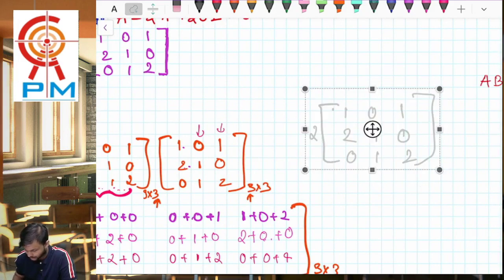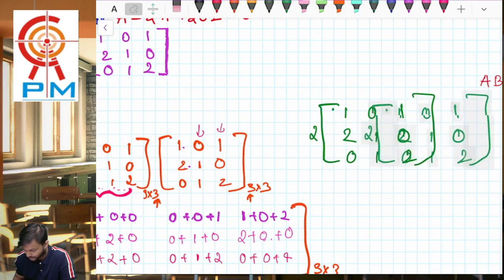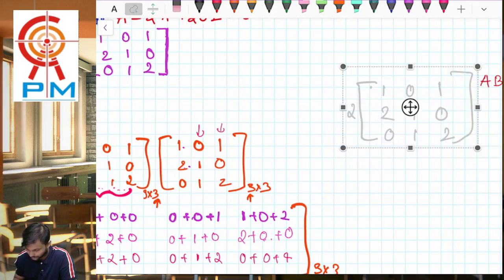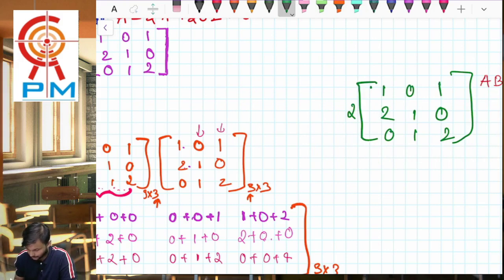I'm going to take the scalar multiplication of this 2 with each and every element of the matrix A. So you multiply the scalar number 2 with the entire matrix A. Each and every element of the matrix A is going to get multiplied with 2, and thus giving us the new matrix in this form.